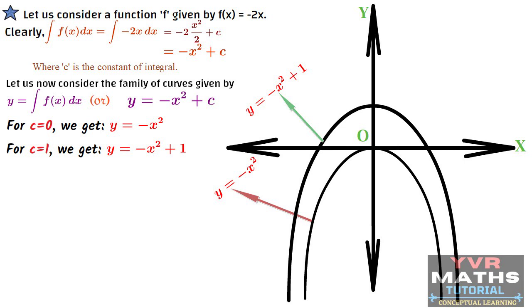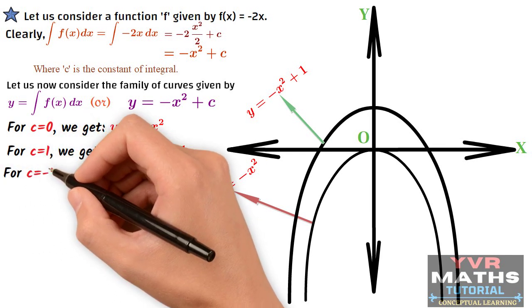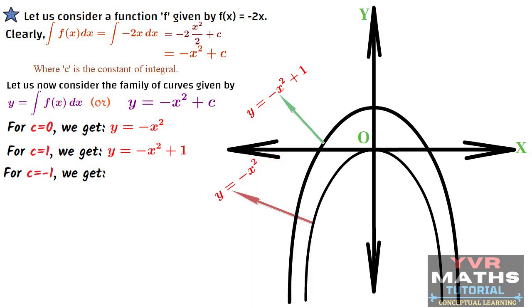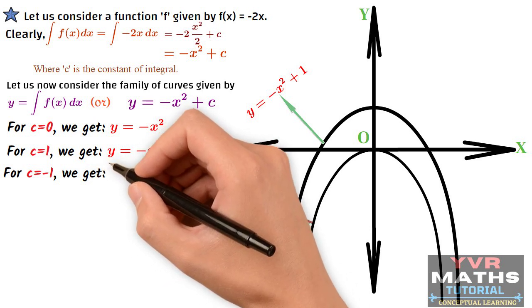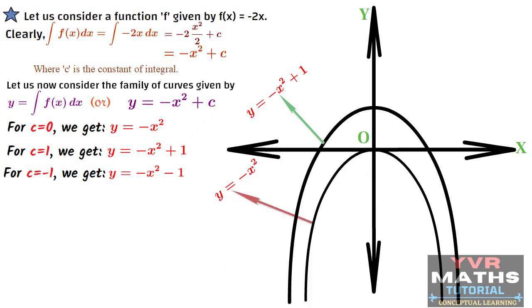So here I took the c value 0 and then a positive value. Now I am going to take a negative value. So for c is equal to minus 1, what is the curve? For c is equal to minus 1, we get y is equal to minus x square minus 1, which is obtained by shifting the parabola y is equal to minus x square 1 unit in the negative direction of y-axis.